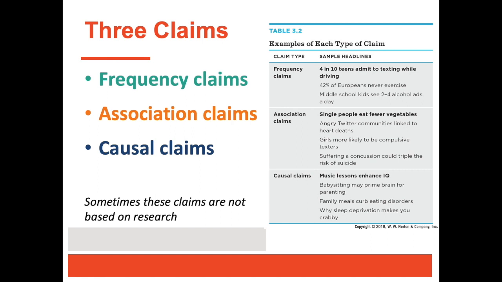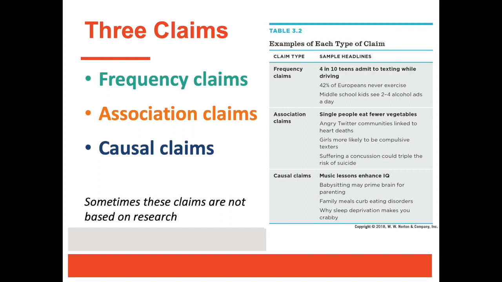Association claims are going to be 2 variables or more connected to each other. So an example of an association claim would be single people eat fewer vegetables. So it's saying being single compared to other ways of being in a relationship. Compared to those, single people eat fewer vegetables. Another one, angry Twitter communities linked to heart deaths.